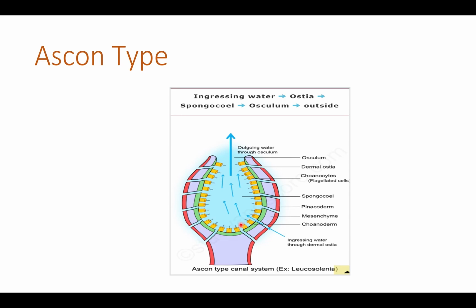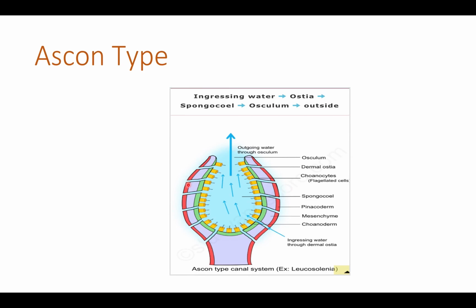These are the flagellated cells. The spongocoel opens to the outside through a narrow circular opening called the osculum, which is located at the distal free end, and it is often fringed with large monoaxon spicules.